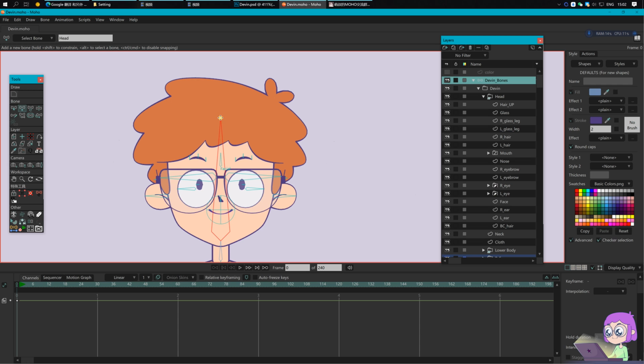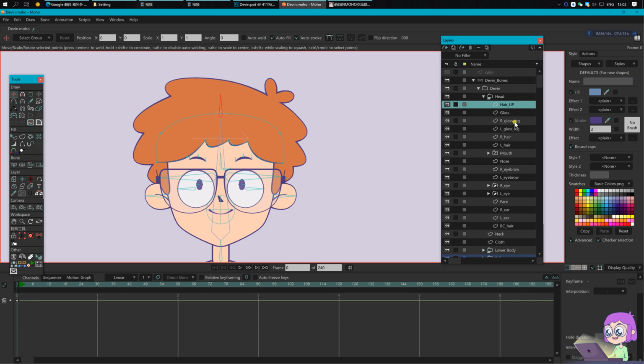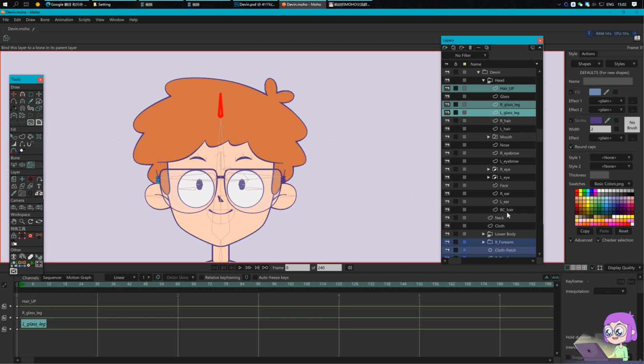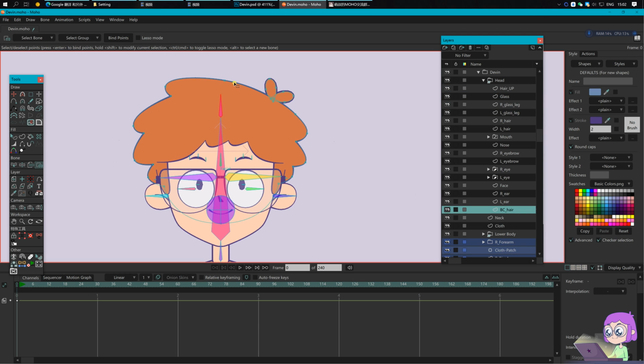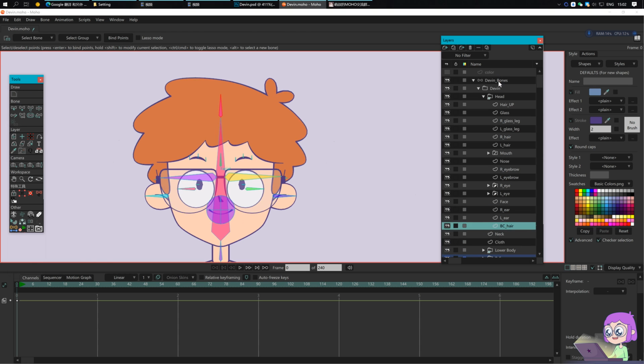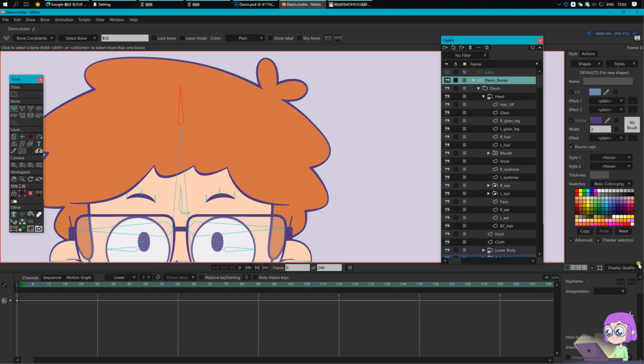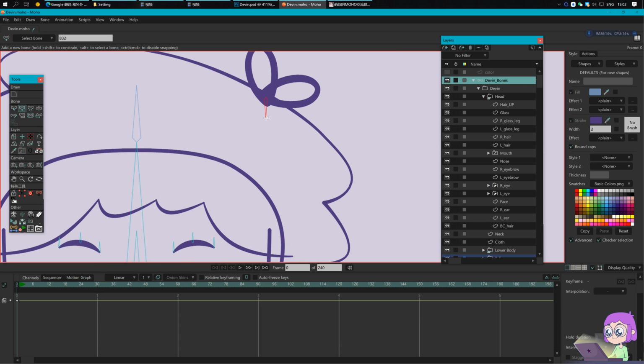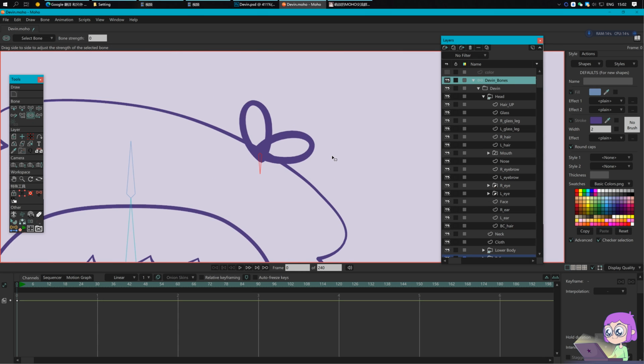Next, set a bone on the top of the head to bind the hair. Silly hair needs to bind bones separately.